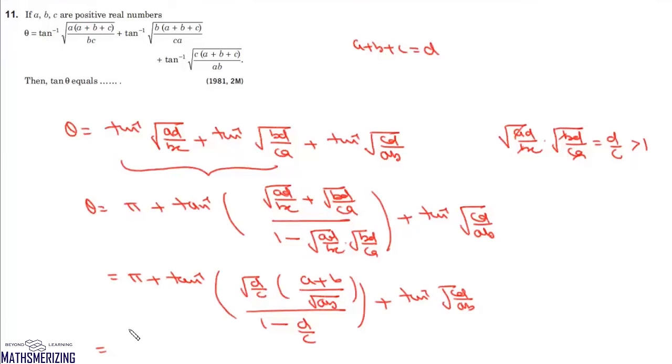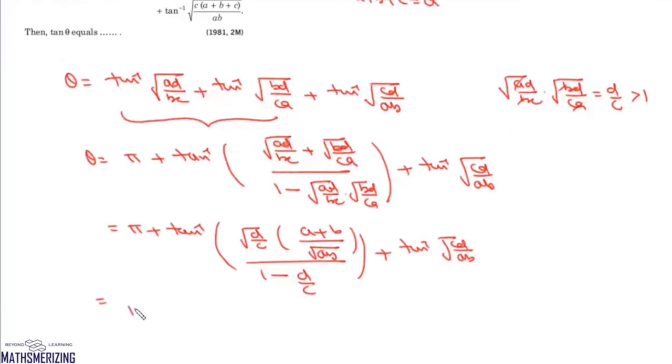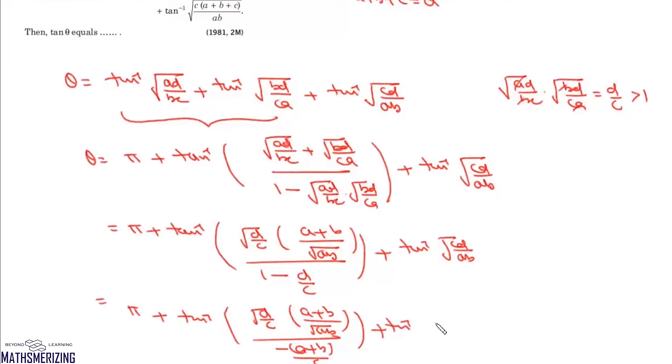So we can write this as pi plus tan inverse, now it will be under root d upon c, and it is a plus b upon under root ab. Now d is a plus b plus c. So here we'll get minus a plus b upon c, plus tan inverse under root cd by ab. Now here a plus b will cancel. Now this under root c will also cancel. So we'll get this under root c in the numerator.